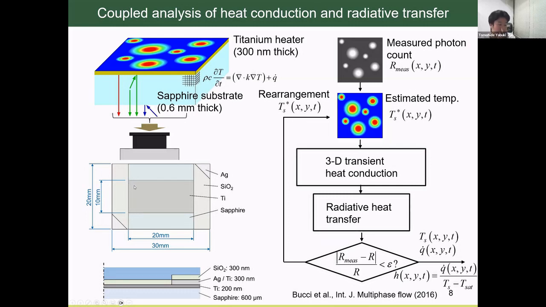We employed the heat transfer analysis proposed by Heng Ruan to calculate the temperature distribution inside the sapphire substrate. I skipped the details, but through the coupled analysis of three-dimensional transient heat conduction inside the wall and also radiative transfer, we obtained the surface temperature distribution and surface heat flux distribution, and also the heat transfer coefficient distribution.